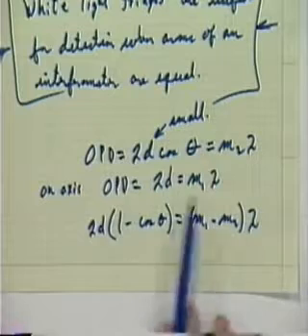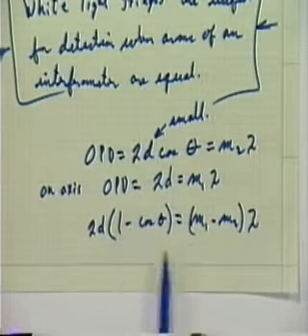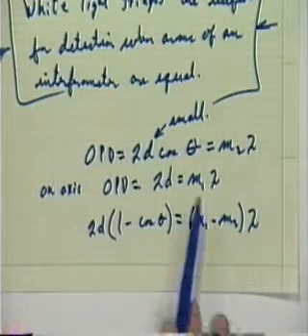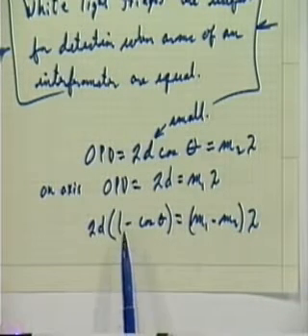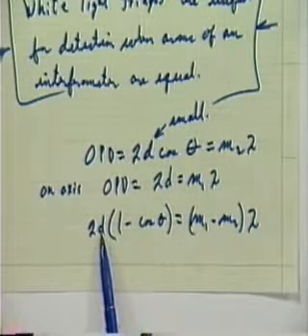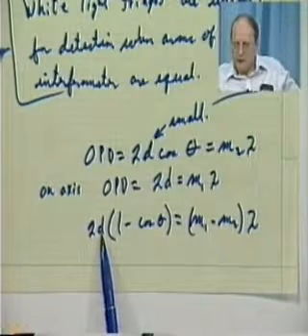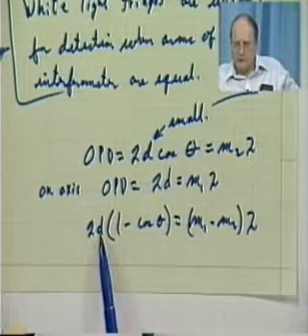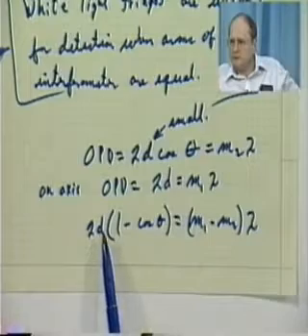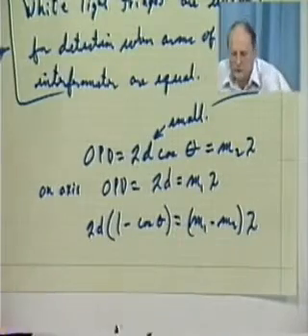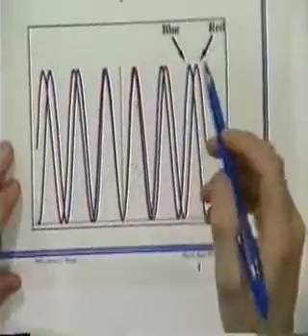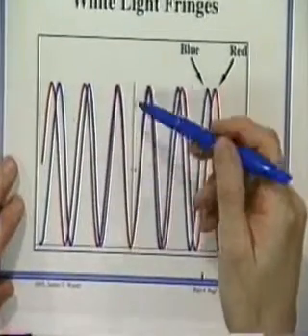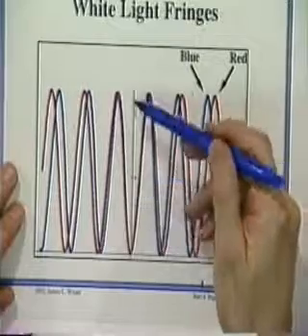So circular fringes, fringes of equal angle, is not a good way of looking at fringes when the path difference has to be small. A much better way is to go to fringes of equal thickness. And if you go to white light fringes, you always look for white light fringes with fringes of equal thickness, because there's a point where I can make the OPD equal to 0.